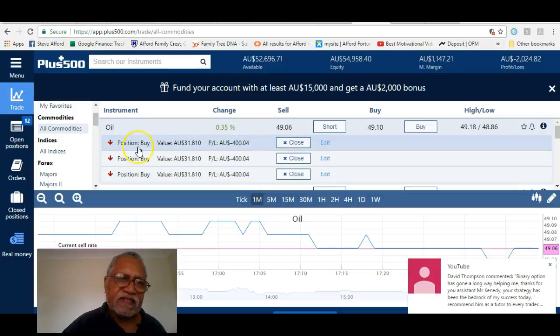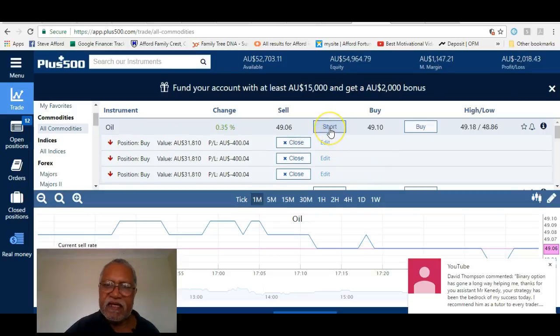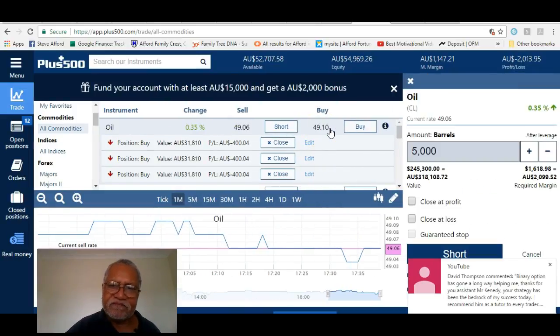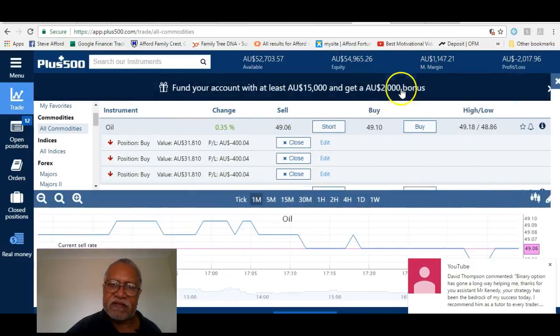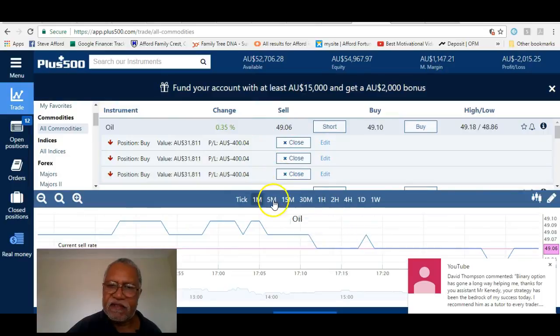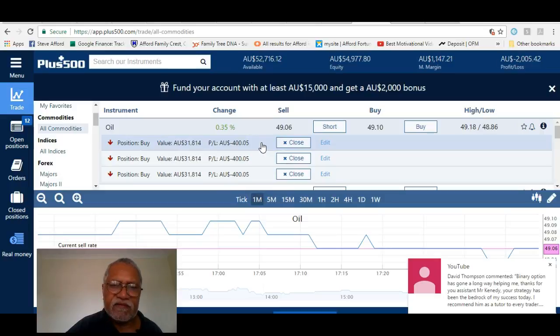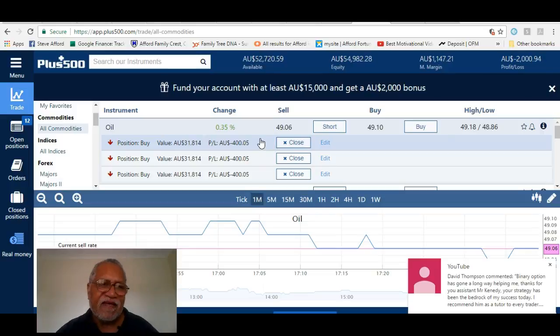Reversal trade means these three positions were opened as buy positions, so with the reversal, they simply go the opposite. I haven't checked the chart, so I'm not going to open up a trade. I want to double check where oil is moving at this stage, to determine whether to leave it alone or do a reversal trade. But anyway, I hope I've given you some little hints there.